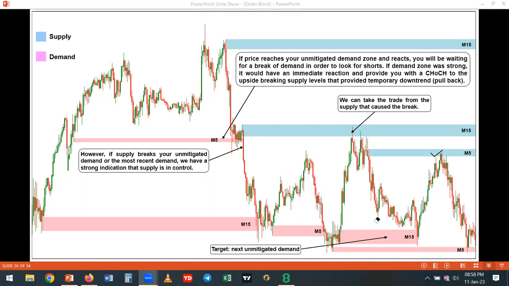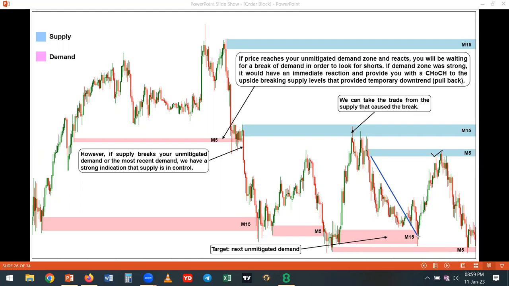So this is another chart that explains this. Price here came from this particular order block down to this other block here, which is yet unmitigated, and mitigated it.